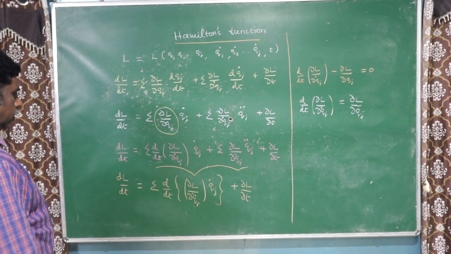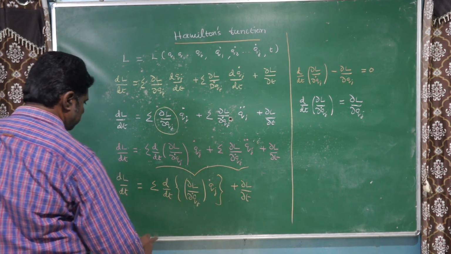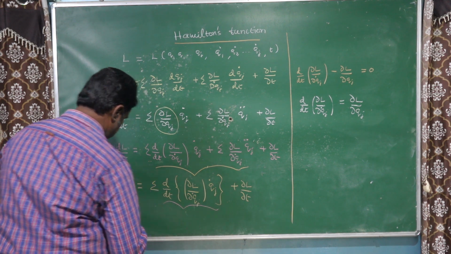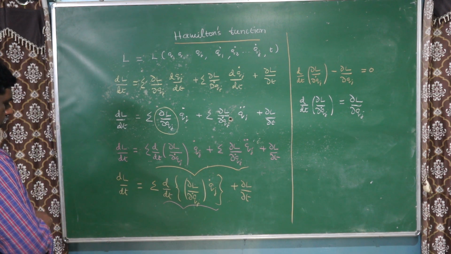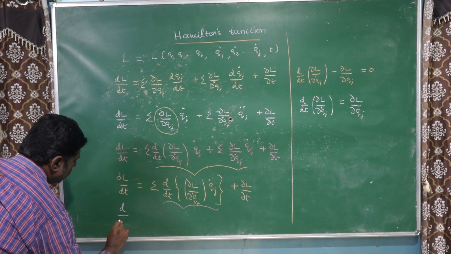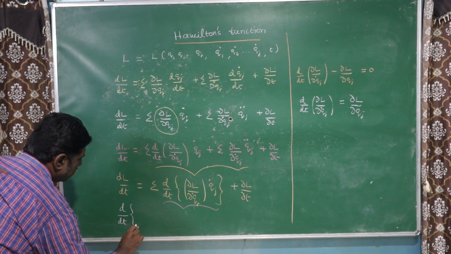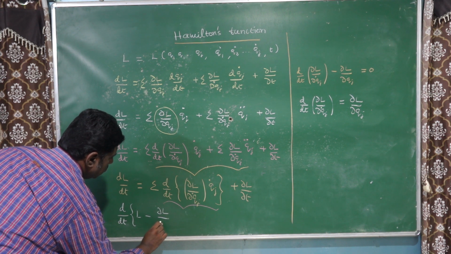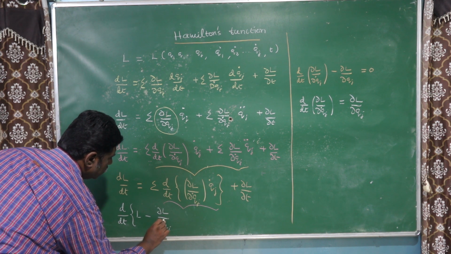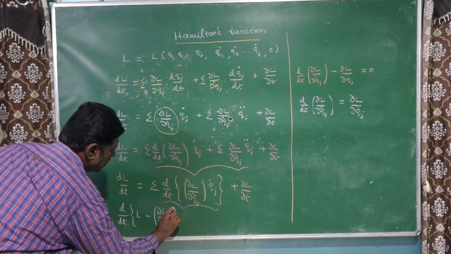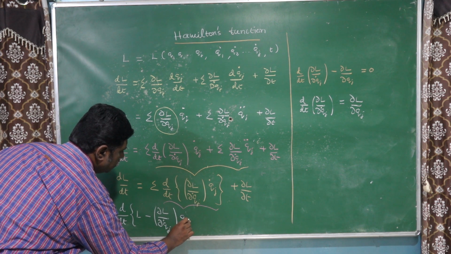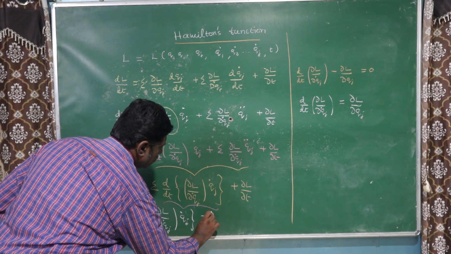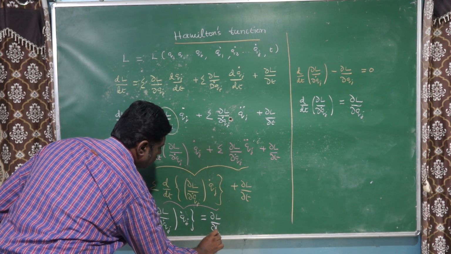Now bring this term to the left hand side. There is d by dt of L minus ∂L by ∂qj single dot into qj dot equal to ∂L by ∂t.